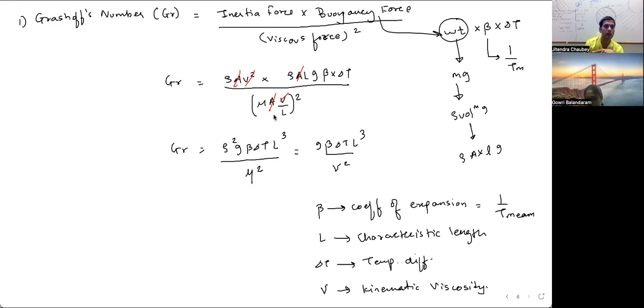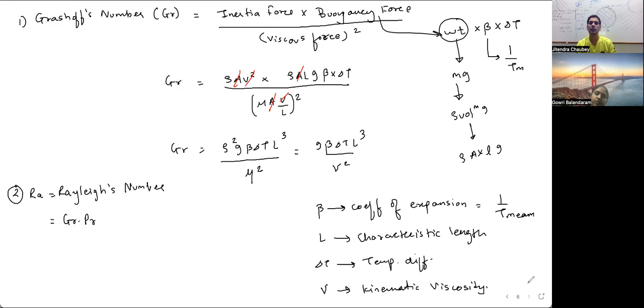The number is called Rayleigh number, spelled R-A-Y-L-E-I-G-H. It is the product of Gr and Pr.